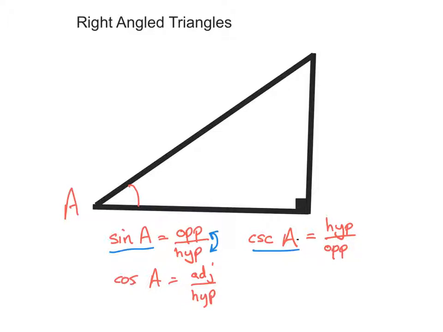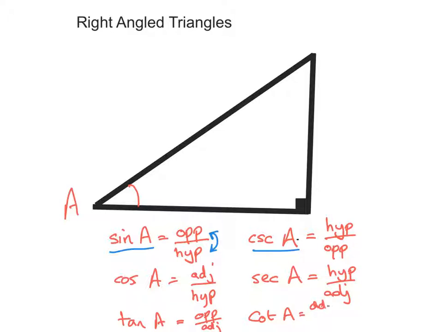And the reciprocal of cos is what we call the sec, the secant of A, which is going to be hypotenuse divided by adjacent. And the last one, tan of A, is opposite over adjacent. And the reciprocal of tan is what we call the cotangent, or cot A, which is adjacent divided by opposite. And they are the reciprocal functions.